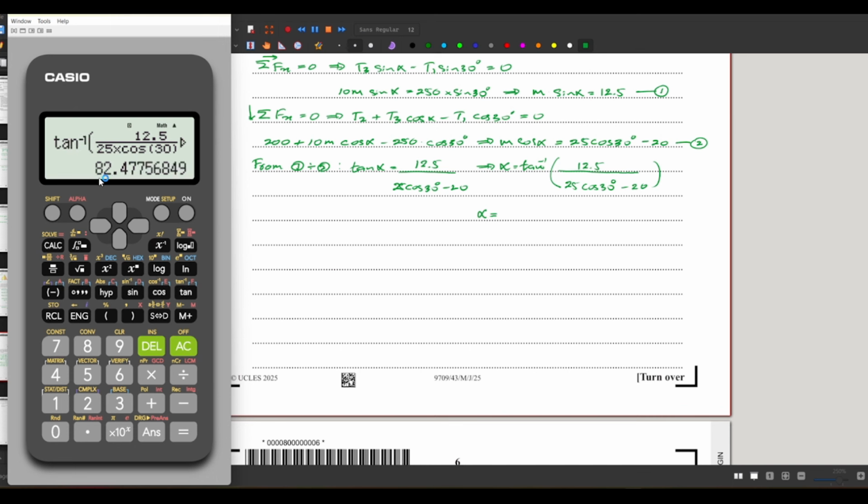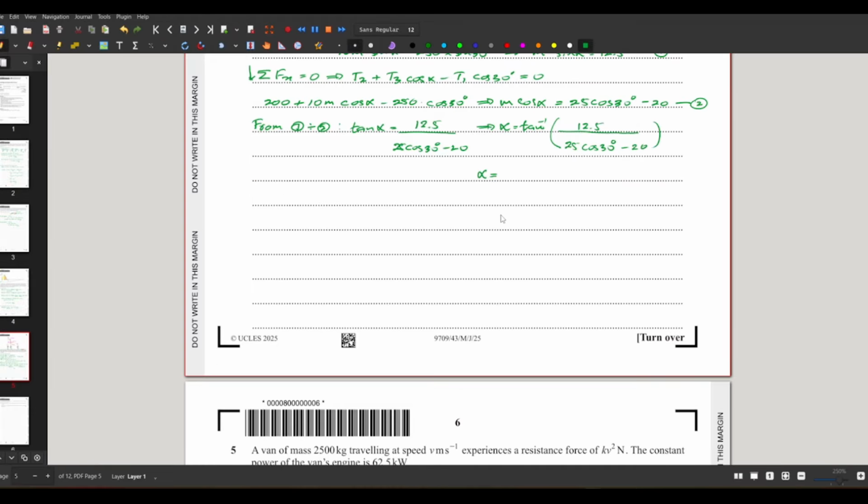Then you will receive 82.477. We have to keep one decimal place if it is an angle, so we can write 82.5 degrees.